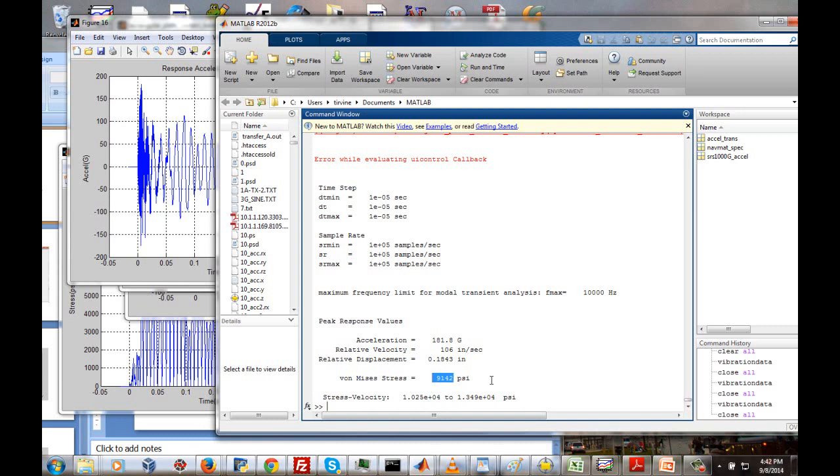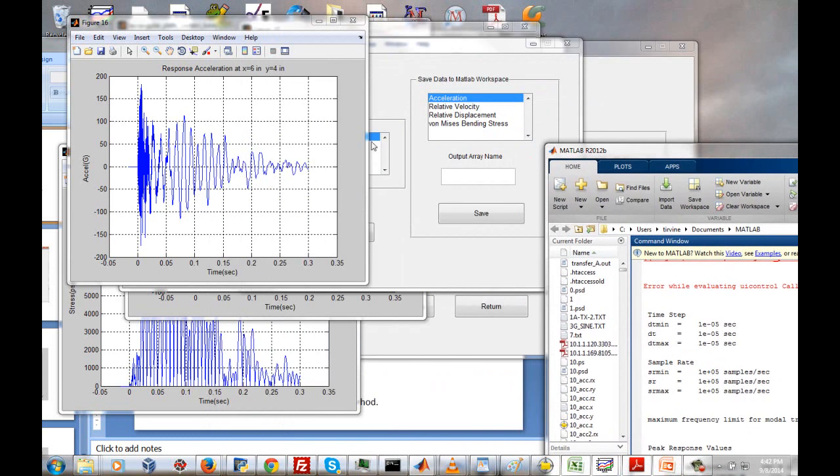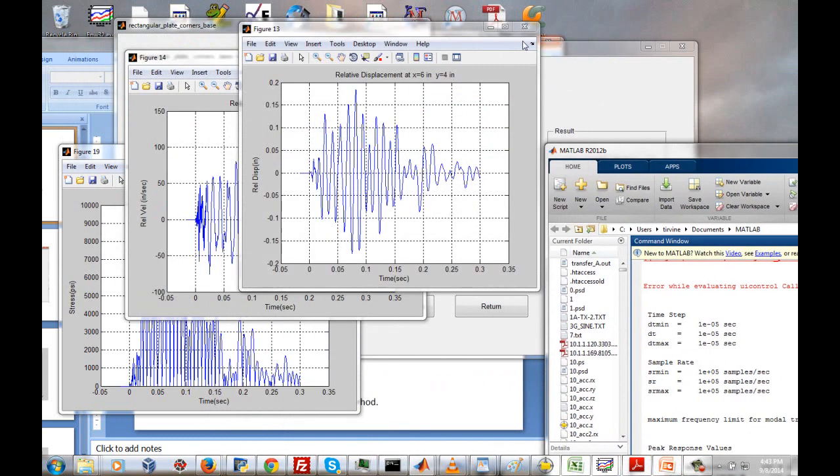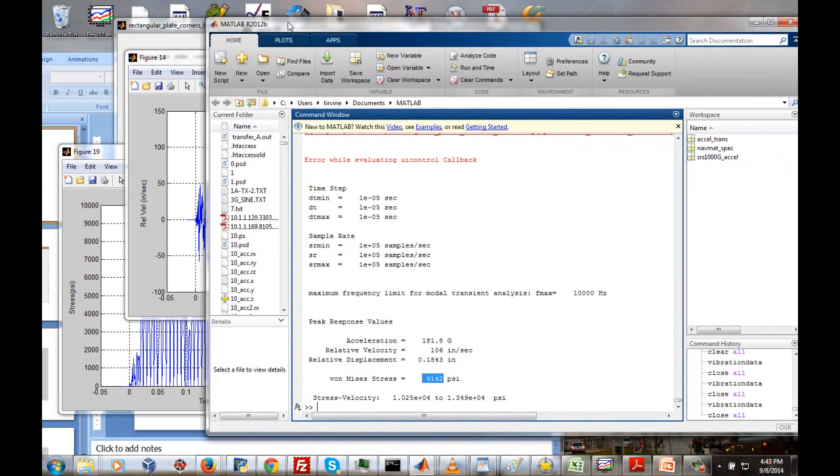Although to be more thorough, we should probably go back and have another synthesized shock pulse as well, and see how von Mises stress varies as we vary the input time history, where each of those time histories would be satisfying the same shock response spectrum specification. Okay, I've done quite a bit of talking here, and I want to close out the plots now.